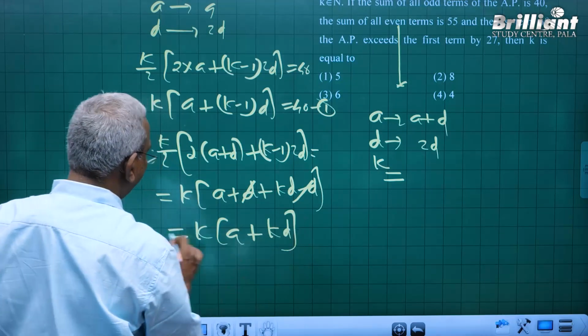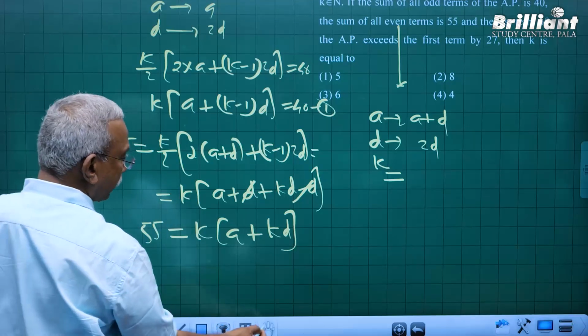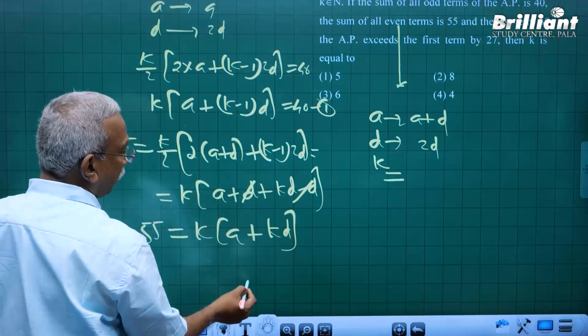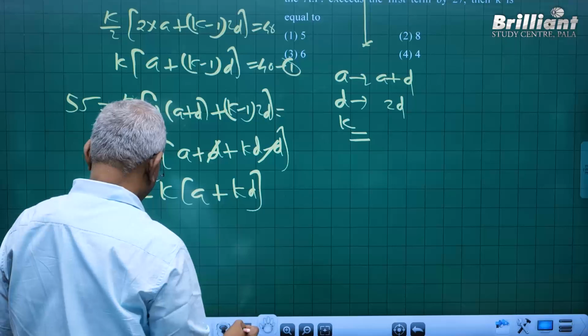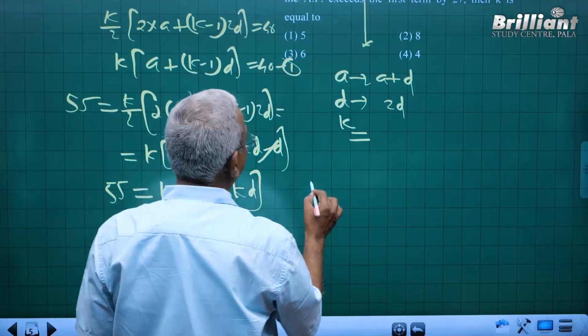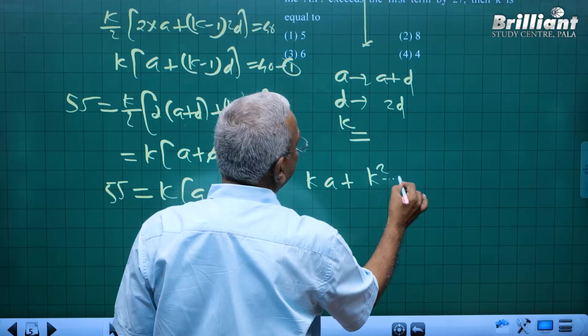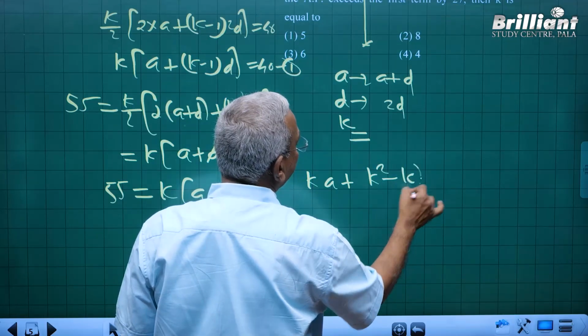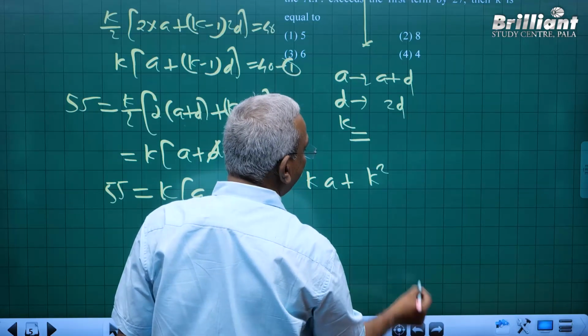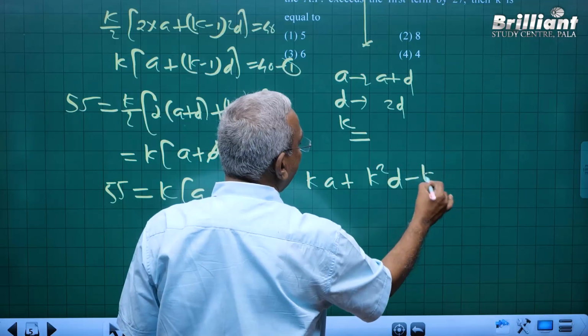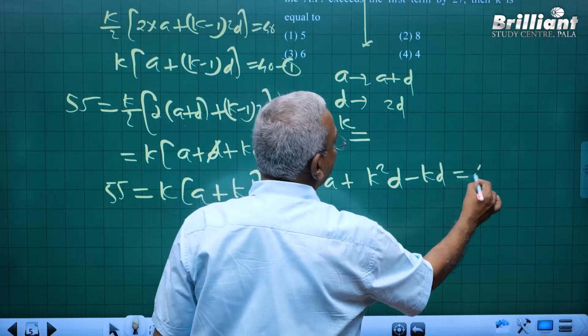This is actually 55. So, there are two equations, one is this and the other here. We can write them down again and solve. Given, it is equal to ka plus k square minus k into d, that is k square d minus kd is equal to 40.